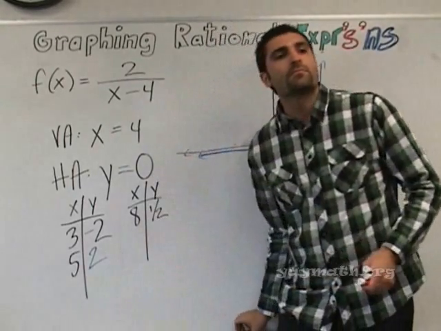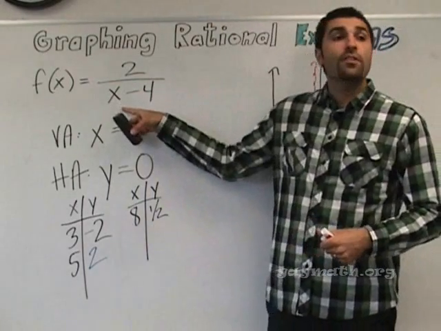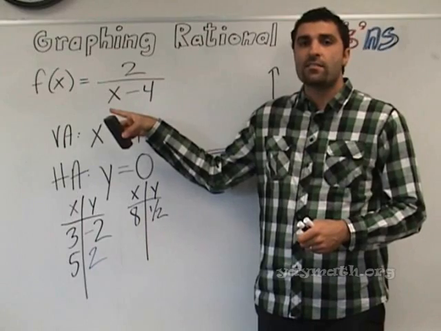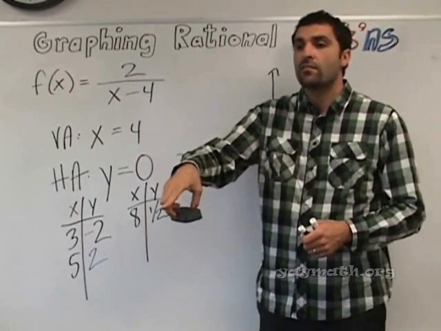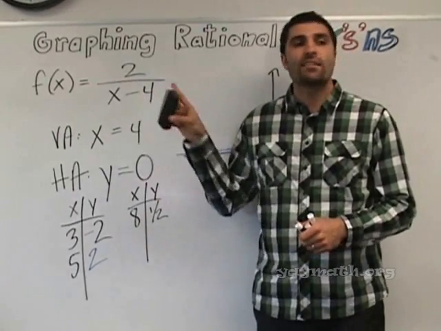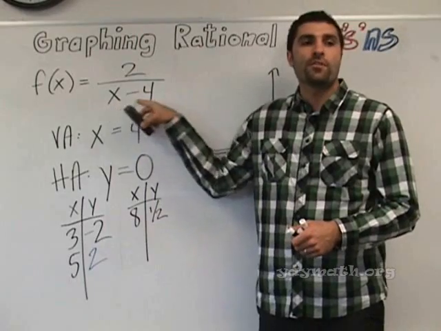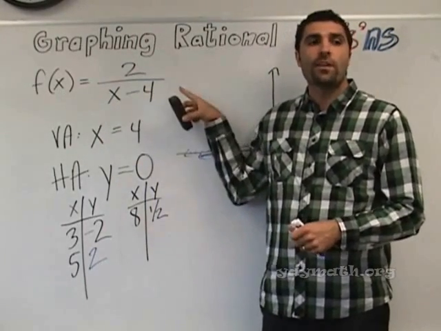How did you get the vertical asymptote? Your denominator can't be 0. So x is not allowed to be 4, because that would be 4 minus 4, which is 0 on the bottom.